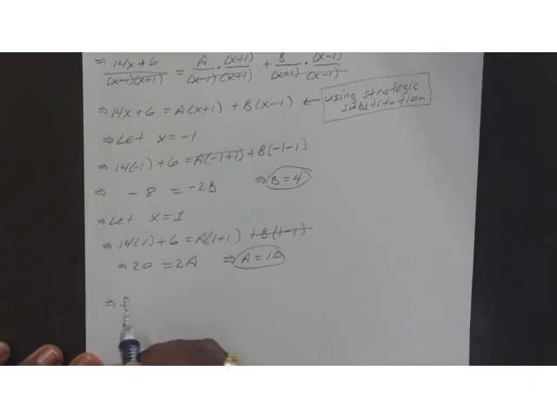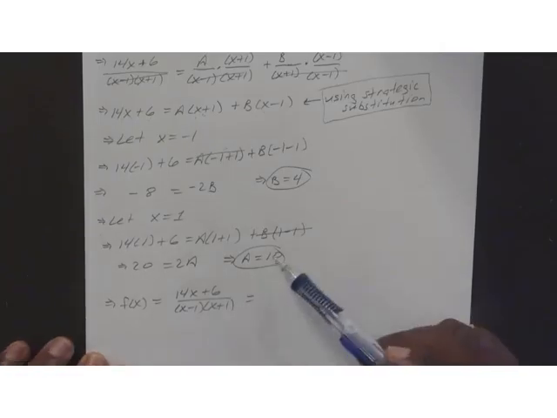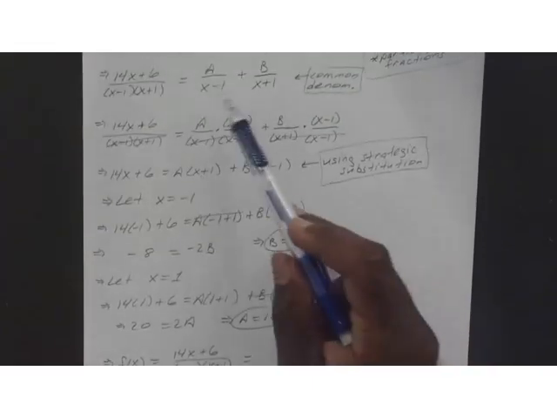So we know that our f of x, which is originally equal to 14x plus 6 divided by x minus 1 times x plus 1, we can rewrite that by replacing our a with 10. So that'll be 10 over x minus 1.